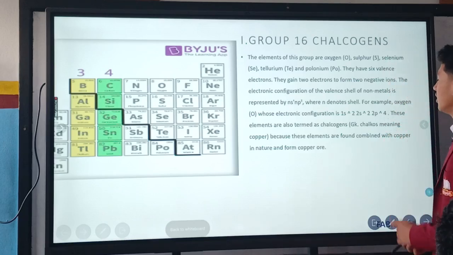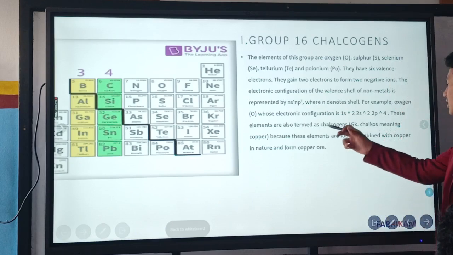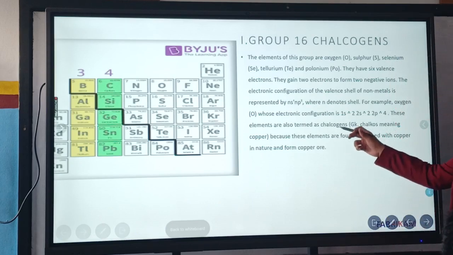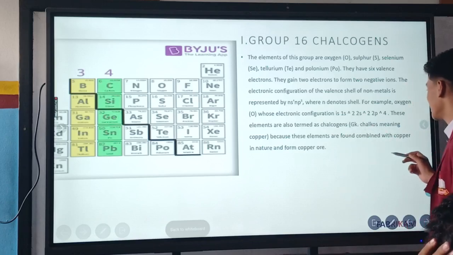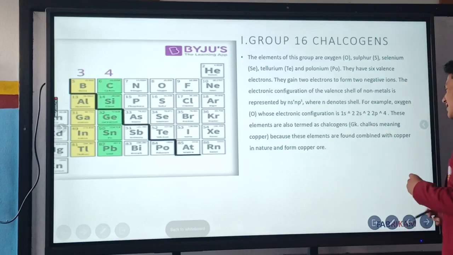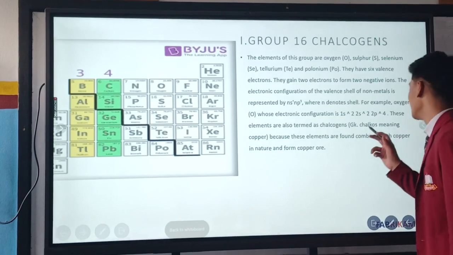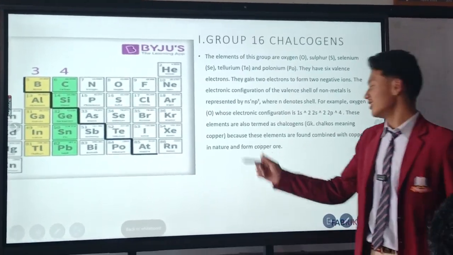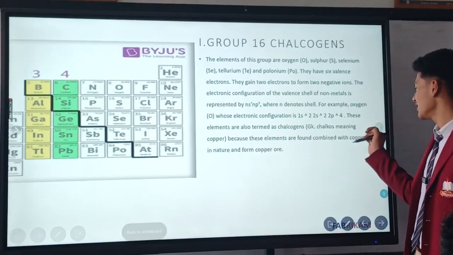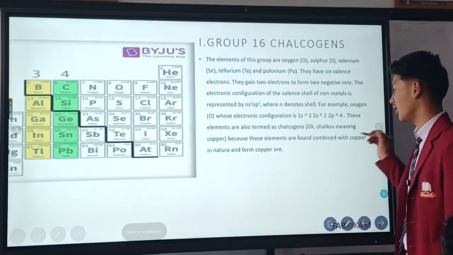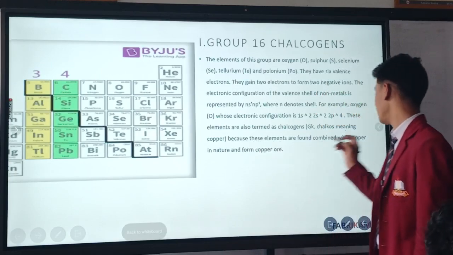These elements are also termed chalcogens. Chalcos means copper, because these elements are found combined with copper in nature and form copper ore.